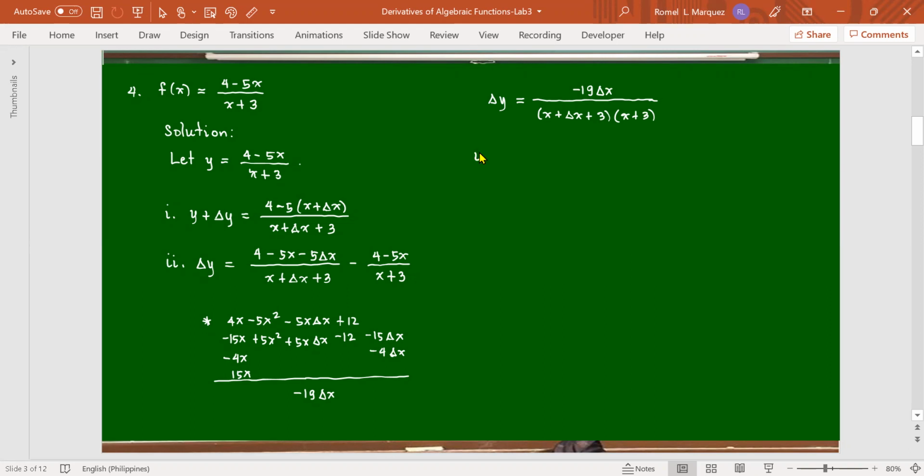Then the third step is to get the ratio of delta y and delta x. So meaning delta x is canceled out, getting negative 19. The denominator is still the same. So that's now the ratio.